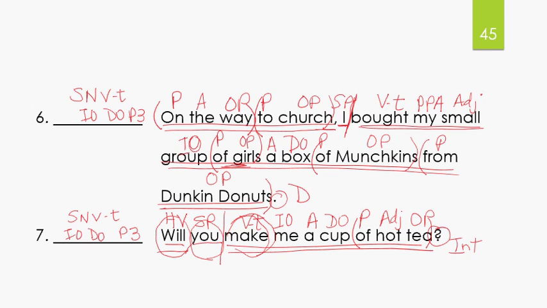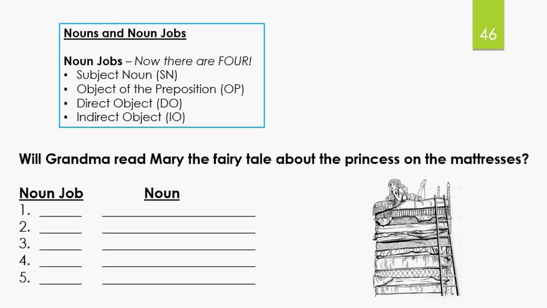All right. Next, I just want to review real quick what our noun jobs are. Now we have 4 noun jobs. We have subject noun, object of a preposition, direct object, indirect object. This is like your mom is one person, right? But she can do all kinds of jobs.